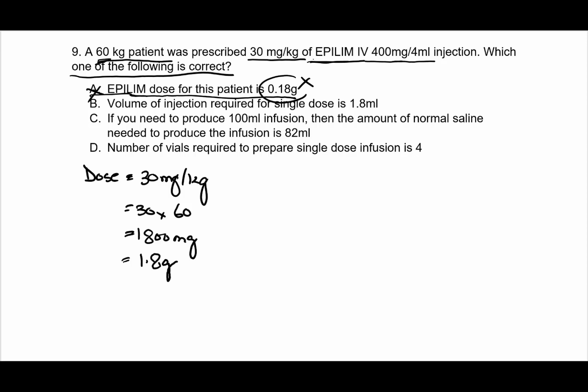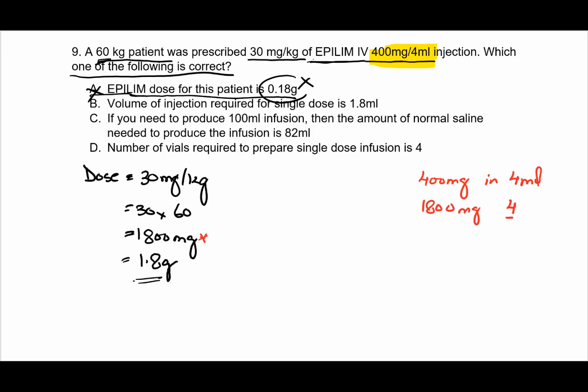Let's have a look at B. Volume of injection required for a single dose is 1.8 mils. Now I have to find out how many mils of the injection will contain this 1.8 grams of the dose. So I will simply make use of the concentration or the strength of the injection. It says that 400 milligrams are present in 4 mils, then 1800 milligrams will be present in how many mils?